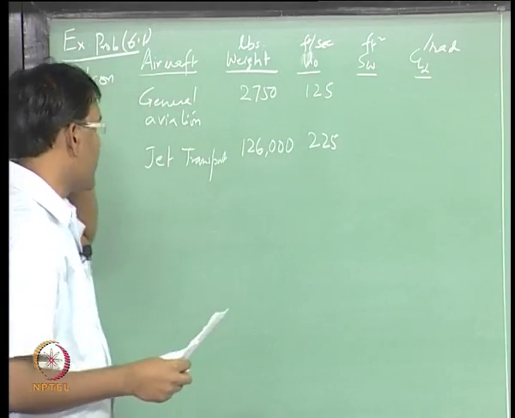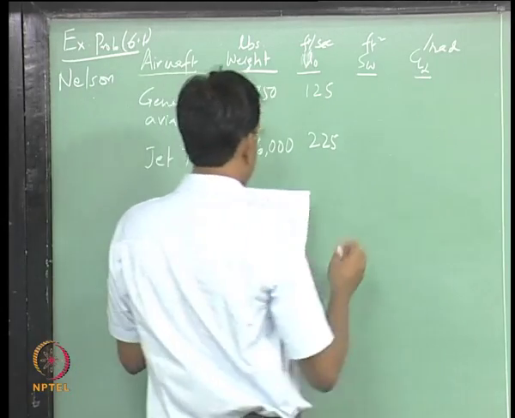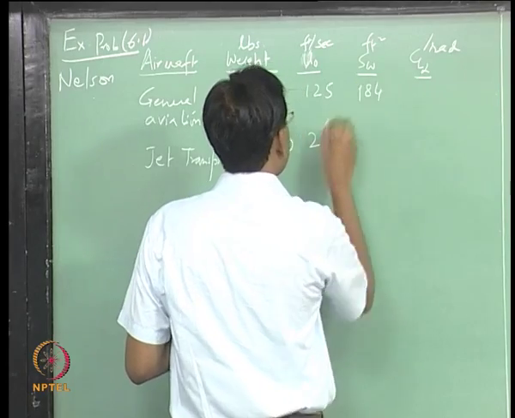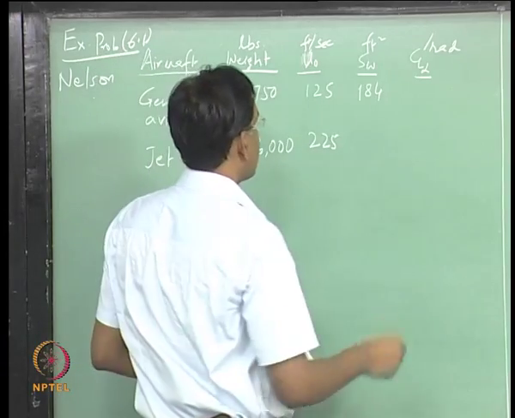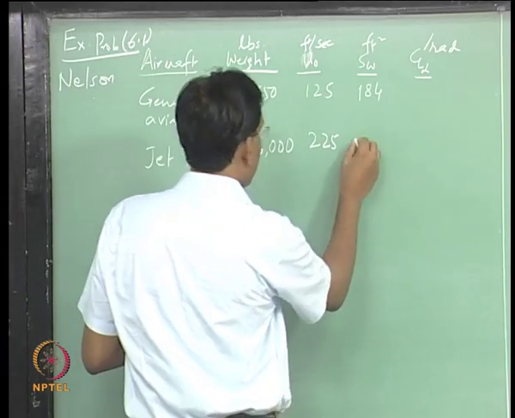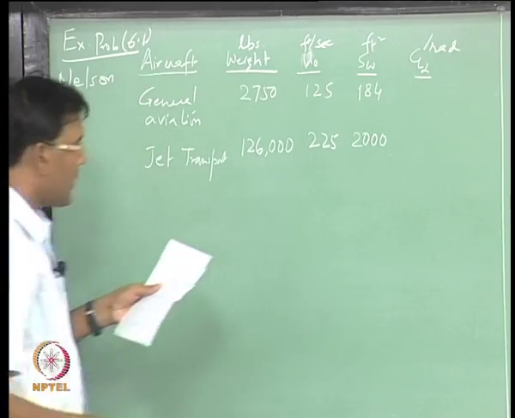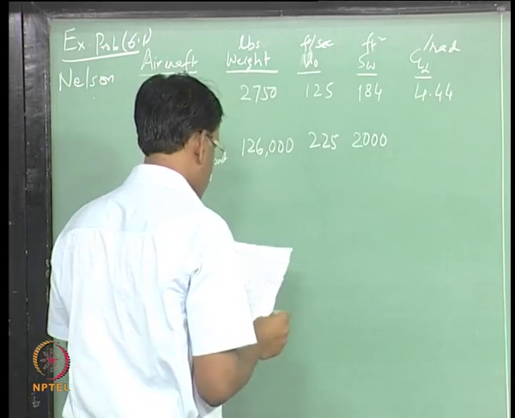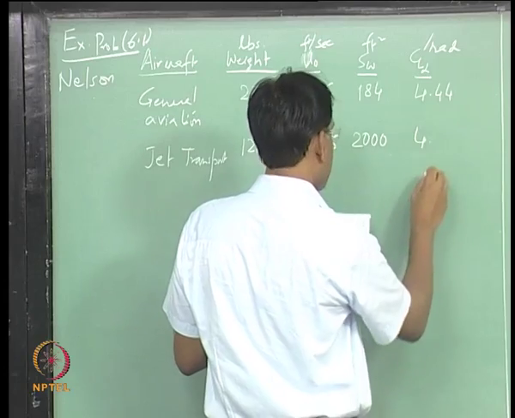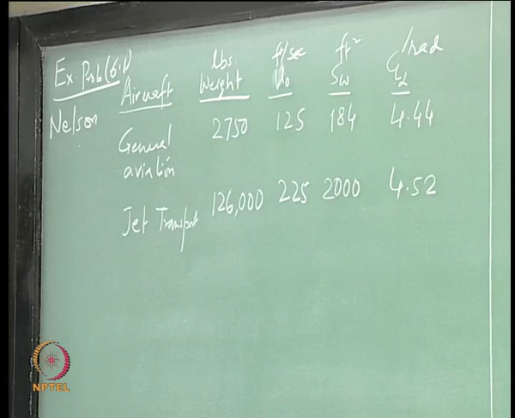One case is 125, the other case is 225 feet per second, and the wing planform area in the first case is 184 square feet and the other case is 2000 square feet. CL alpha is 4.44 for general aviation aircraft and 4.52 for jet transport. Okay.